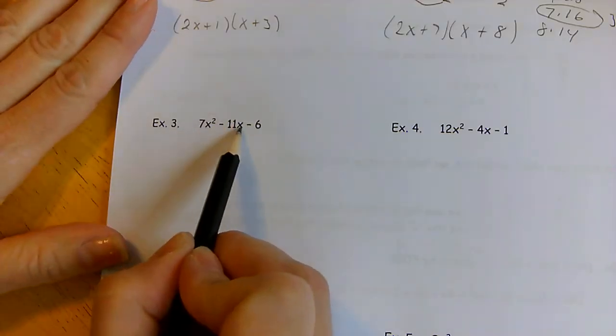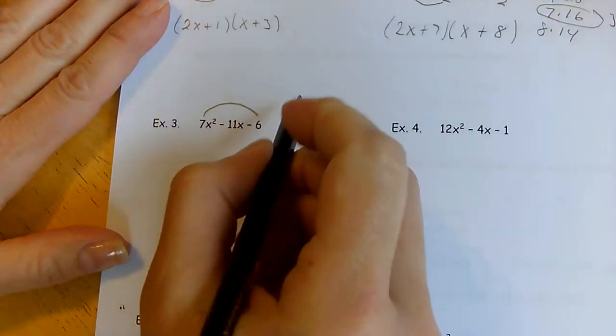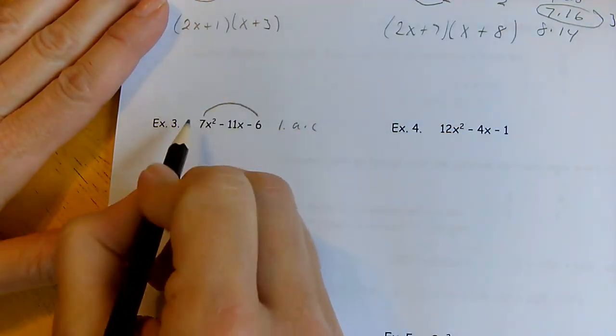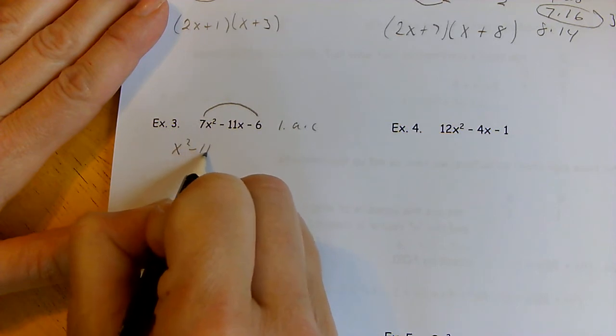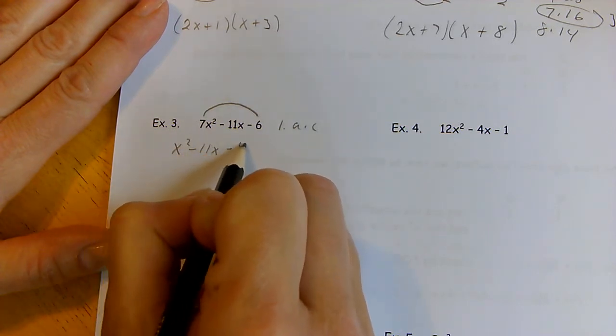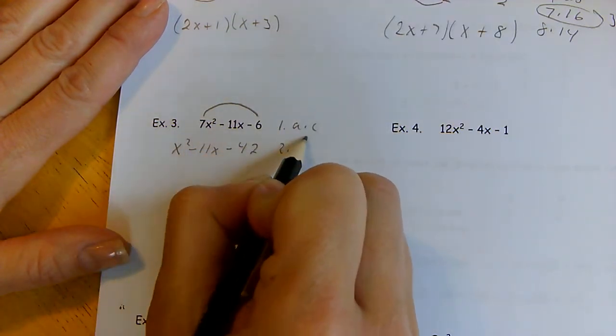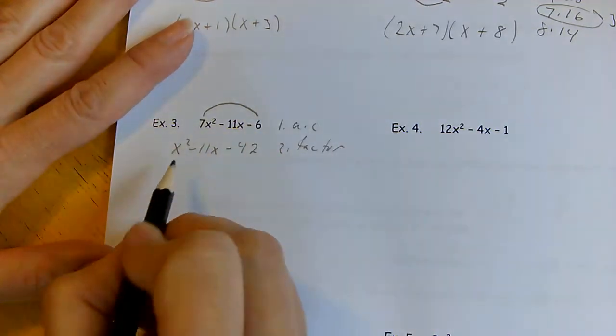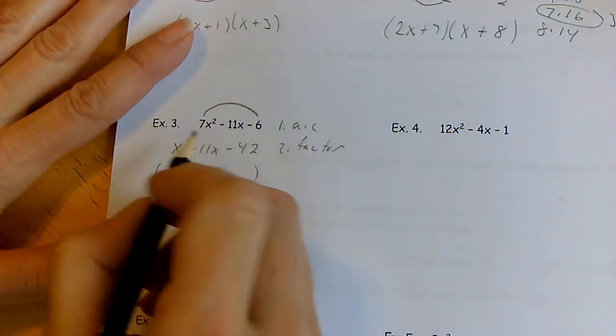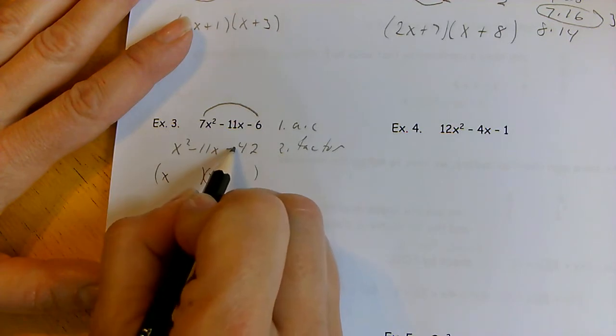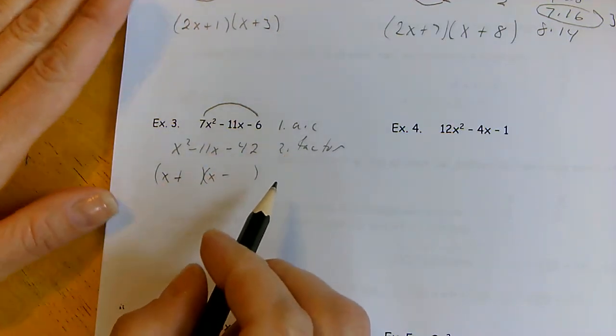Okay, can't divide everything by 7. So I'm going to multiply a times c. Then I'm going to factor. Parentheses, break up my x, one of each sign because c is negative.